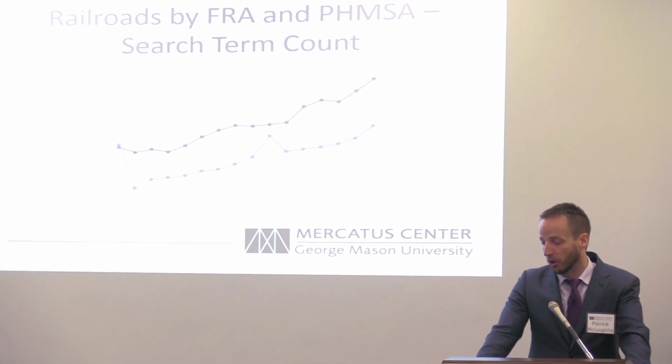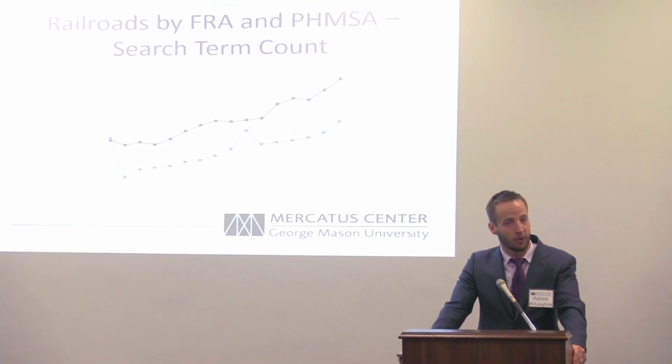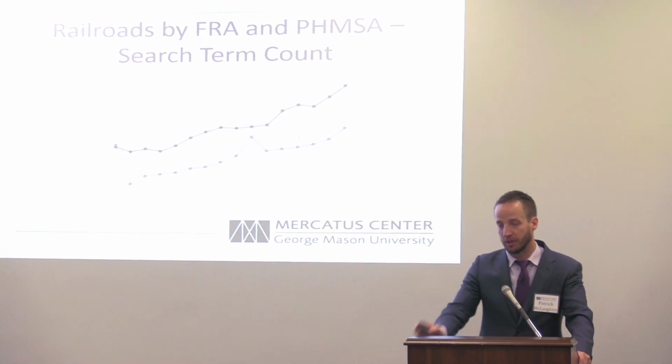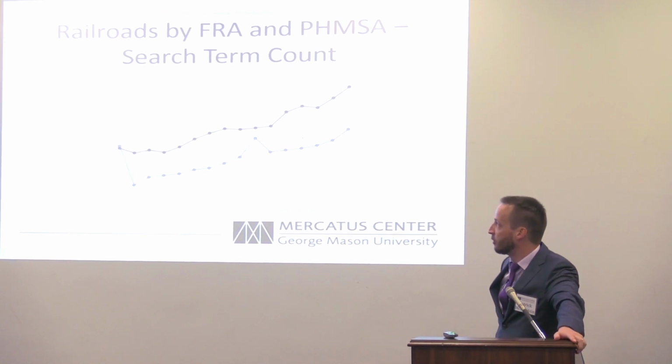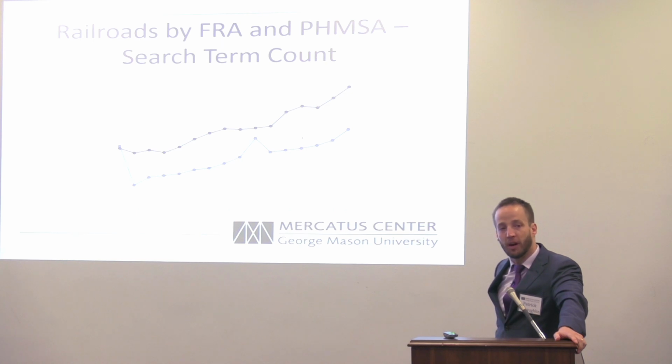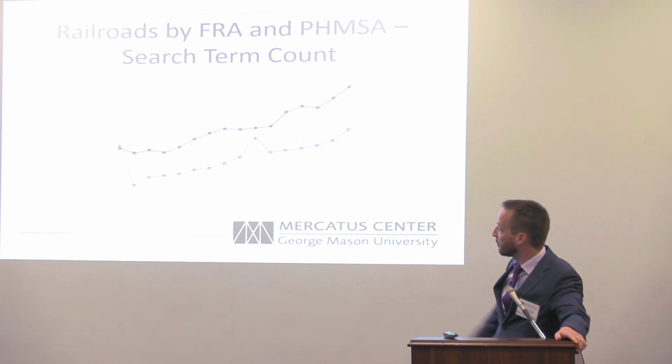Go back to my old world, the FRA, Federal Railroad Administration. This one's interesting to me, surprising to me. One of the things that RegData surprised me with was I learned that railroads are mentioned more by the Pipelines and Hazardous Materials Safety Administration than the Federal Railroad Administration itself. That's what this is showing you.